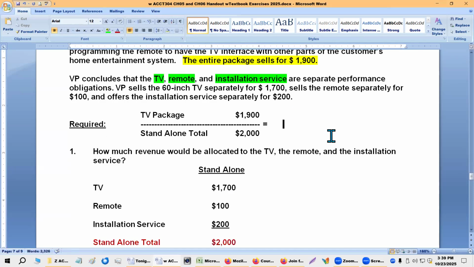That comes out to 0.95 or 95%. I'm just going to keep it at 0.95.